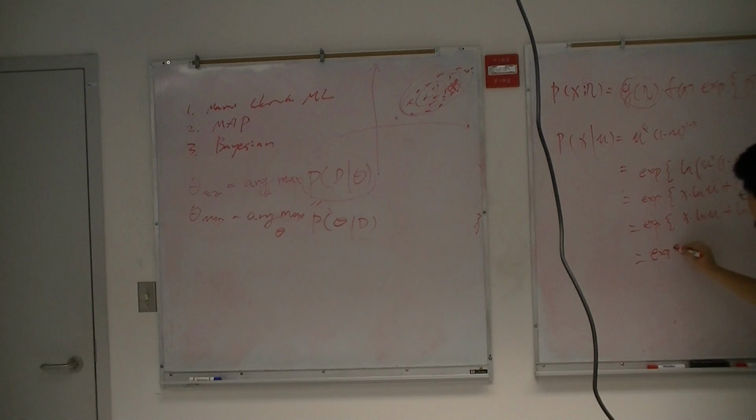So this is equal to exp x minus log mu, and I think it's minus x log 1 minus mu. And because this is a plus, you can just times exp 1 minus mu. This is equivalent.